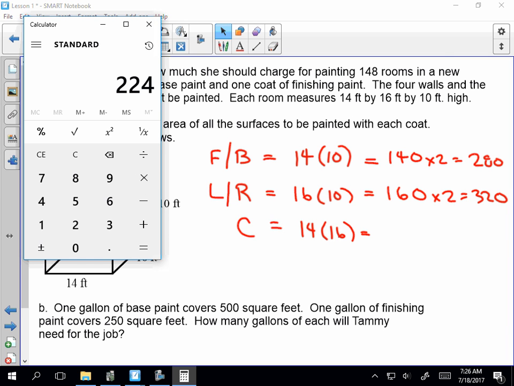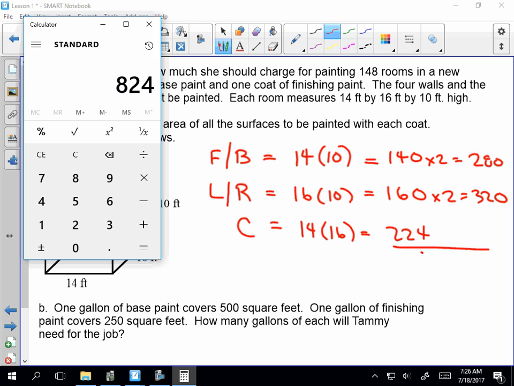We've got 224. And then we have to add up all of those pieces. 280 plus 320 plus 224. And we have 824 square feet per room.